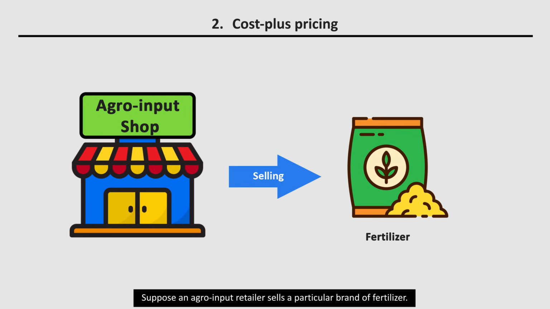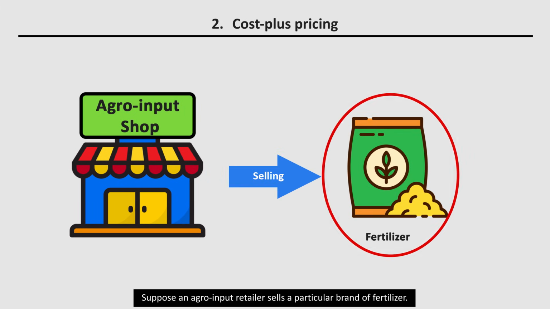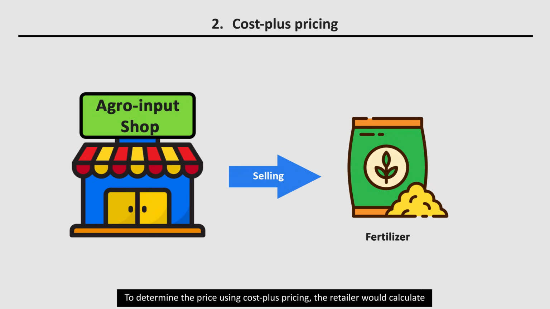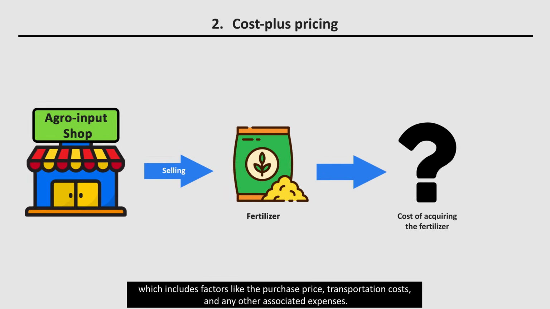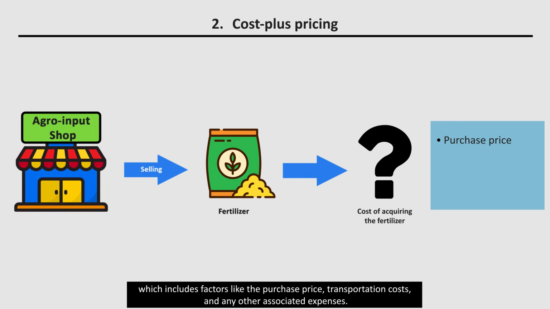Let's consider an example of cost plus pricing in the context of an agro-input retailer. Suppose an agro-input retailer sells a particular brand of fertilizer. To determine the price using cost plus pricing, the retailer would calculate the cost of acquiring the fertilizer from the supplier, which includes factors like the purchase price, transportation costs, and any other associated expenses.